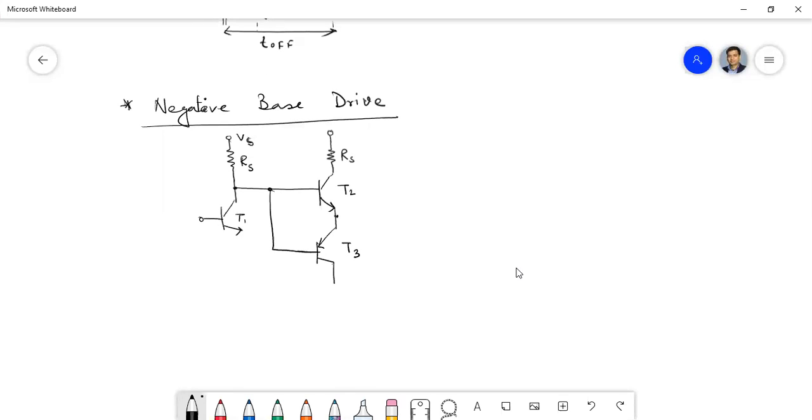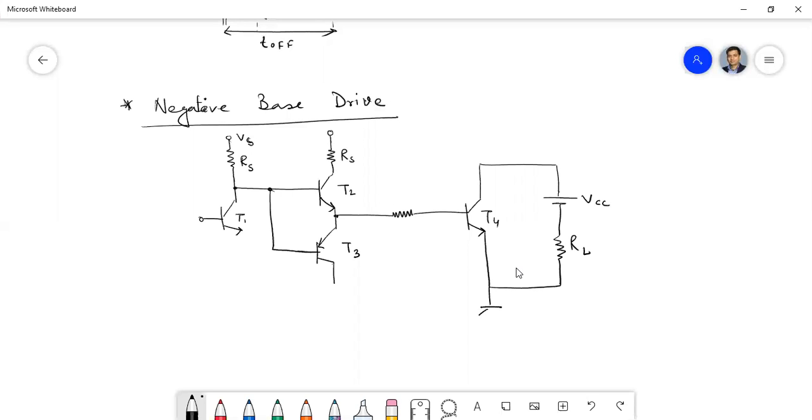So this is the T4 transistor, that means the power transistor which is under consideration. And here we have the VC and the load resistance RL. So this is the T4 and this emitter is also grounded, and here we have the pulse.